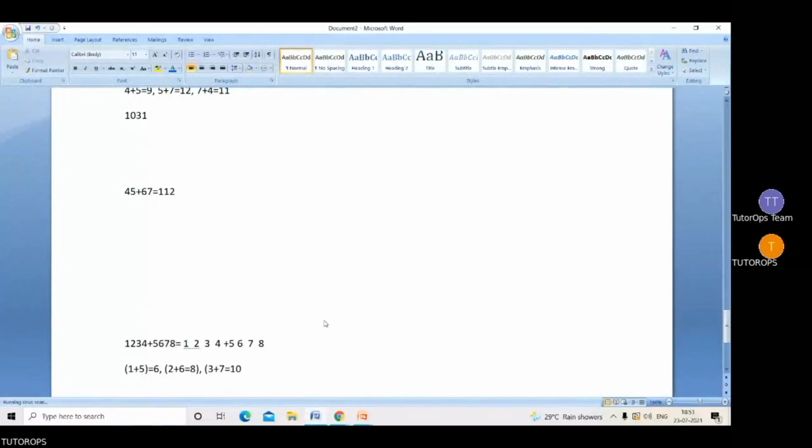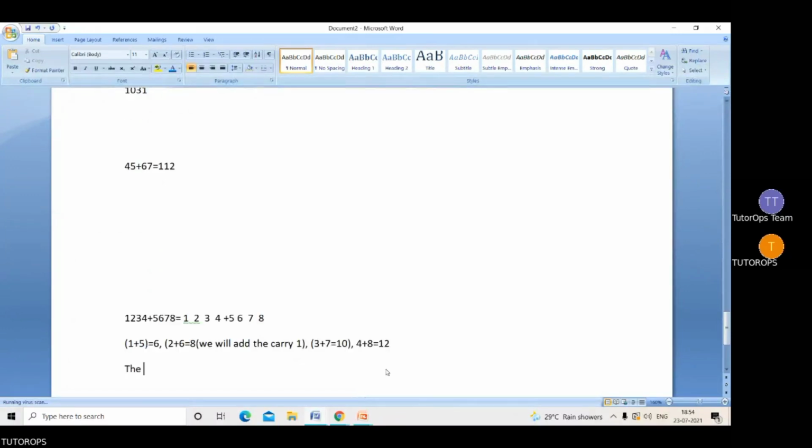So for 10 we will keep the number 0 as the digit, and we will add the carry 1 to the previous 8, that was for 2 plus 6. And for the fourth digit also we are getting another carry, because it is greater than or equal to 10.